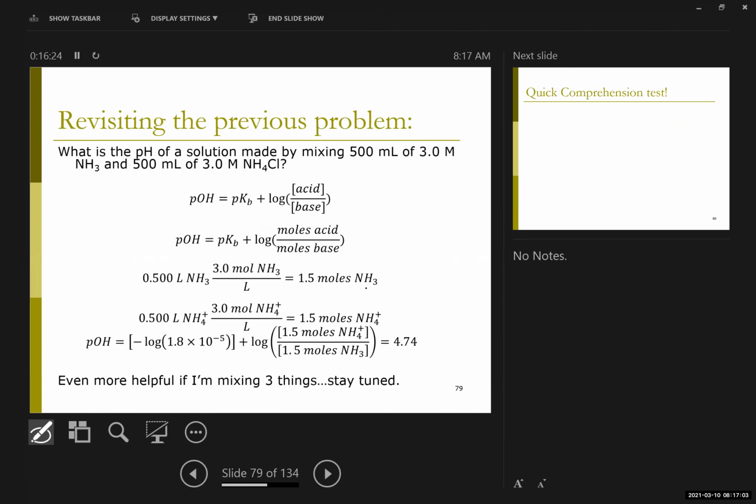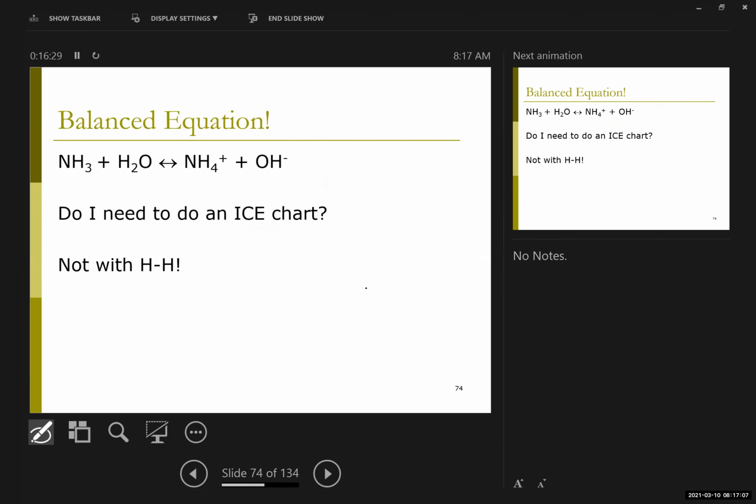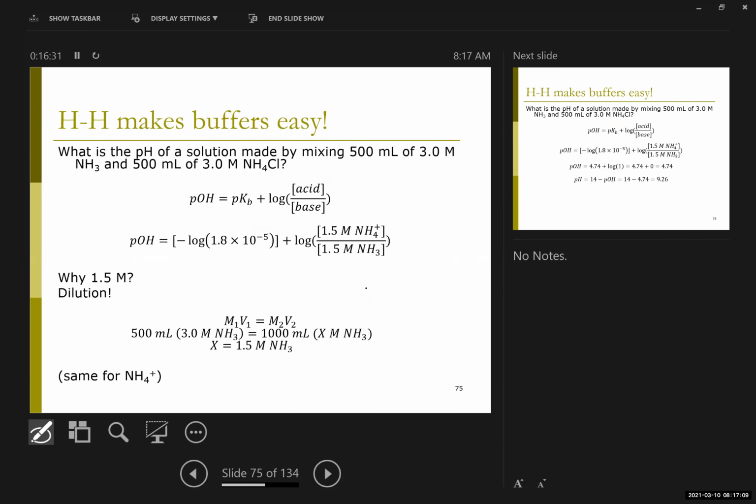Whoops, I went too far. So my initial concentration of ammonia is 1.5 molar. I did mix two solutions and therefore they're diluted. One of my other sayings that will start to rear its ugly head shortly is that if I mix two solutions, I dilute them both.